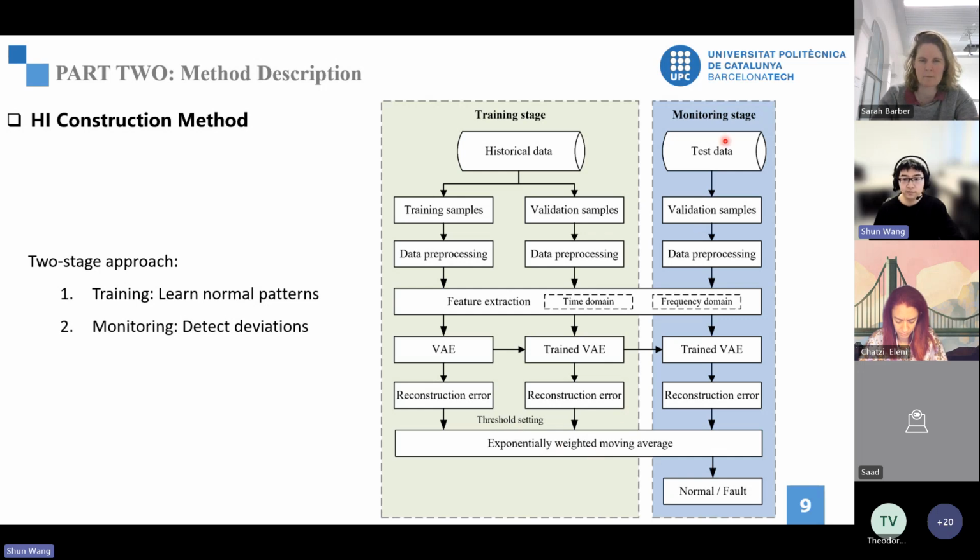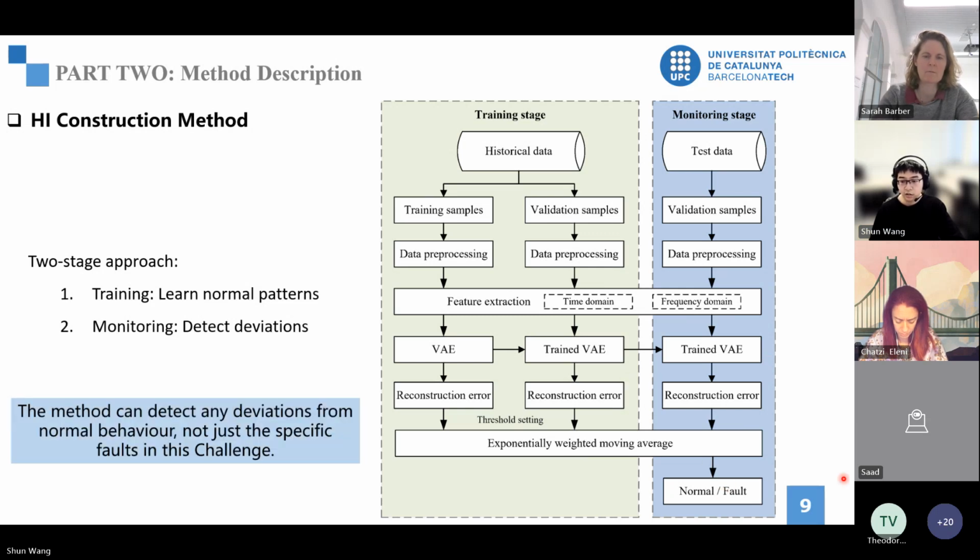The monitoring stage follows the same process, but uses the trained VAE model to detect deviations from normal data. When the health index exceeds the threshold, the method can flag potential faults. Importantly, this method can detect any deviation from normal behavior, not just the specific faults in this challenge.